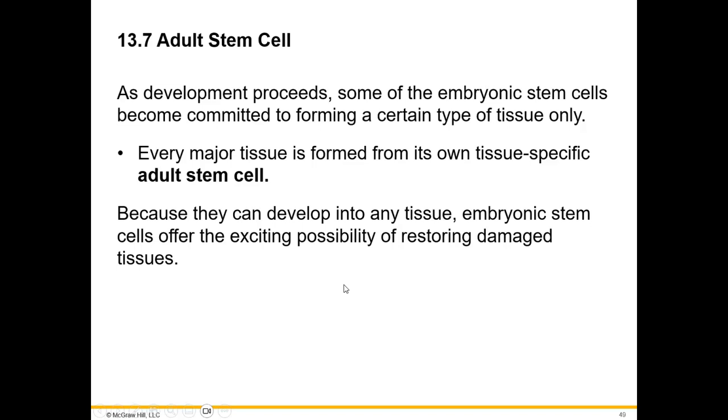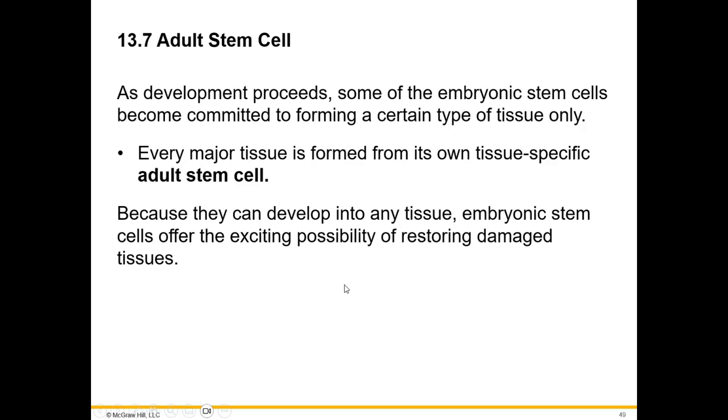As development proceeds, some of those embryonic stem cells are going to become committed to forming one certain type of tissue. And every major tissue is formed from its own tissue-specific adult stem cell. So basically, we all have embryonic stem cells.